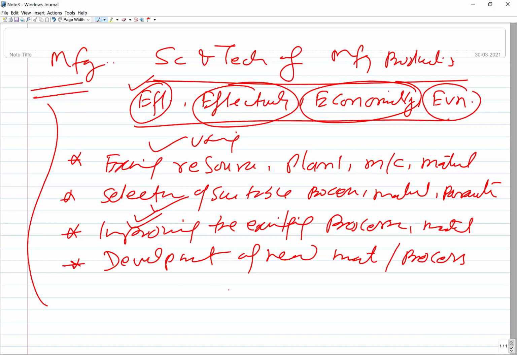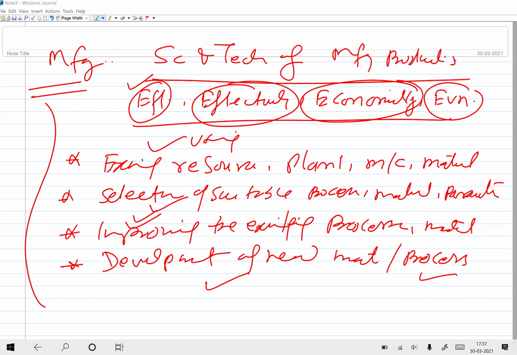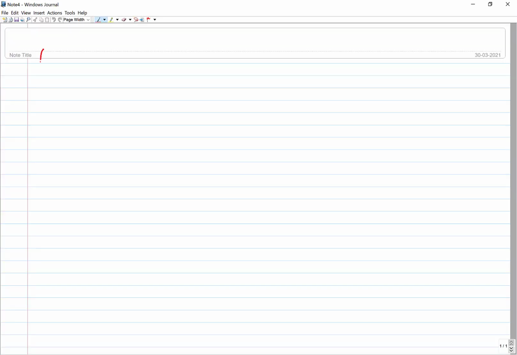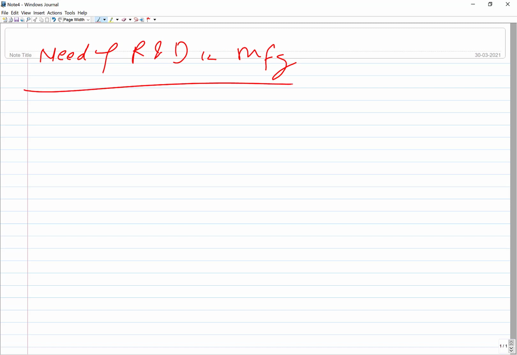And for a given purpose, if you don't have material and processes, then develop the new materials and new processes as well. Why is there a need to develop? I will talk a little bit more on this need of R&D in manufacturing, the need to develop newer things. What is the need? The need is compelled by many factors.